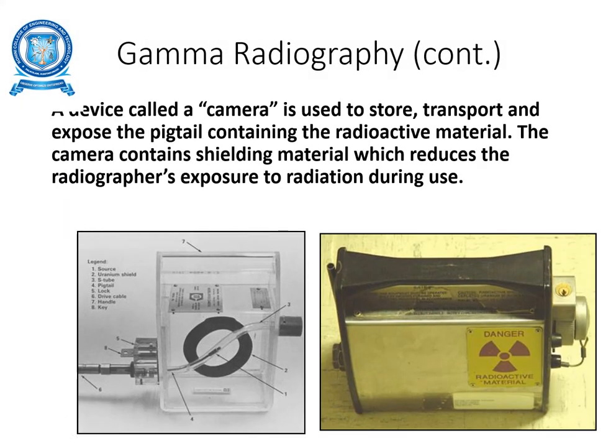So here the device called a camera setup is used to store, transport, and expose the pigtail, which we saw in the previous slide, containing the radioactive material. So the camera contains the shielded material, which will reduce the exposure of radiation during the usage.